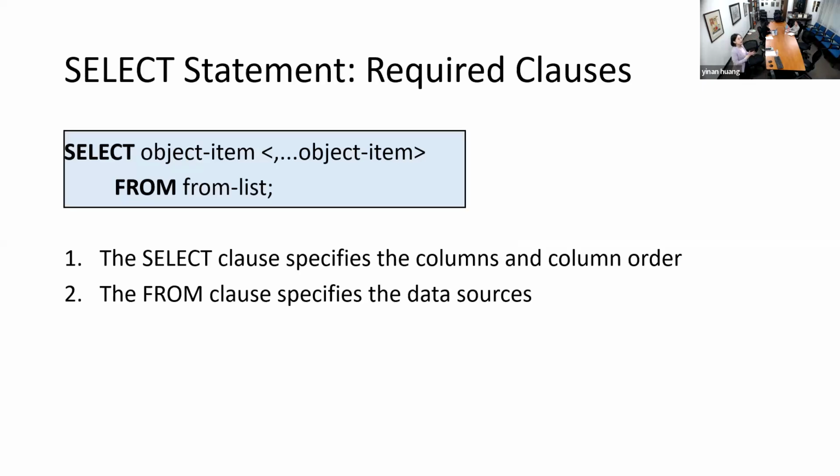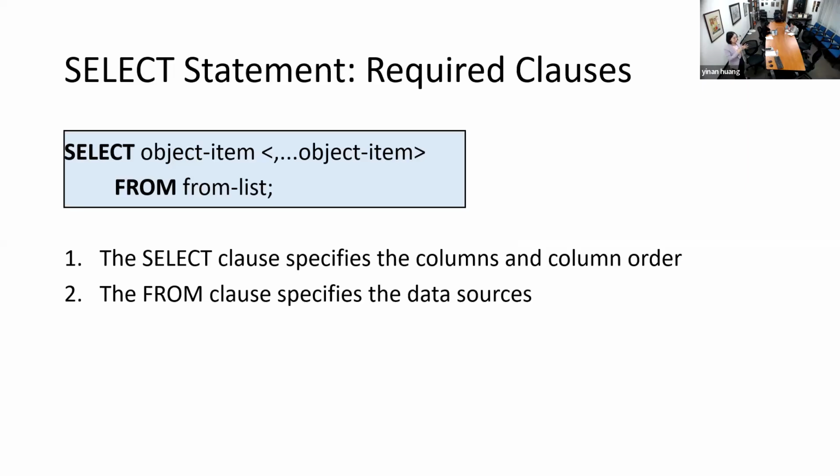And we will start with the mandatory statements, the required statements in all PROC SQL. Besides PROC SQL and QUIT, in between you have to write SELECT and FROM. Those are the two required statements.